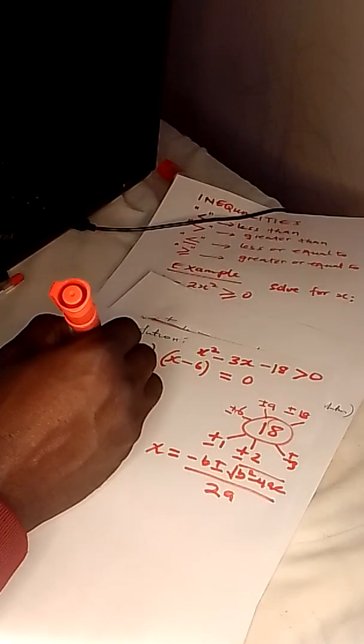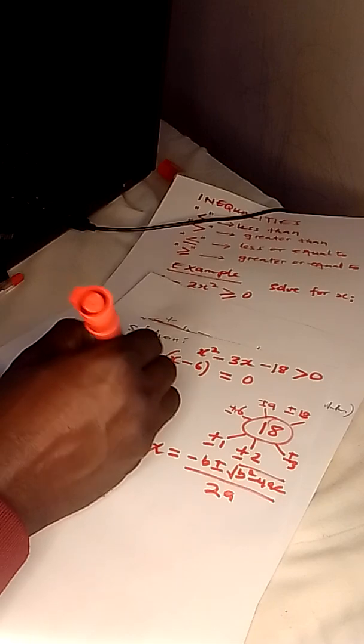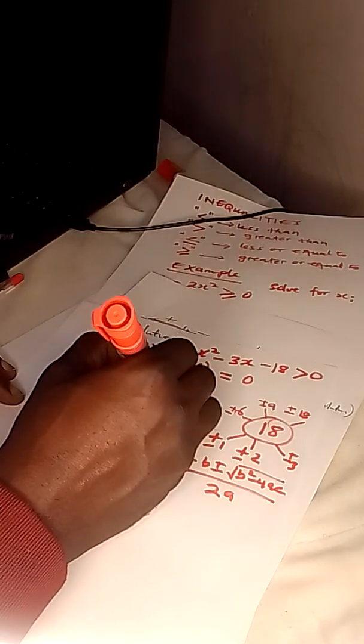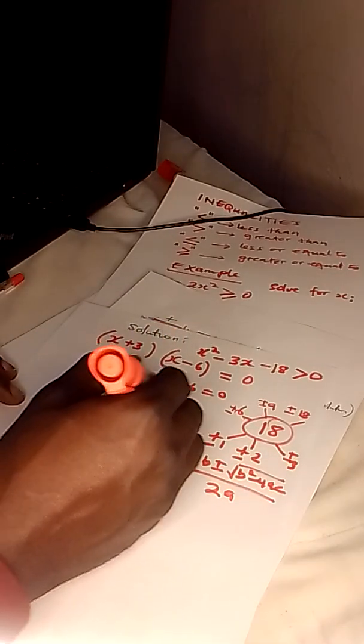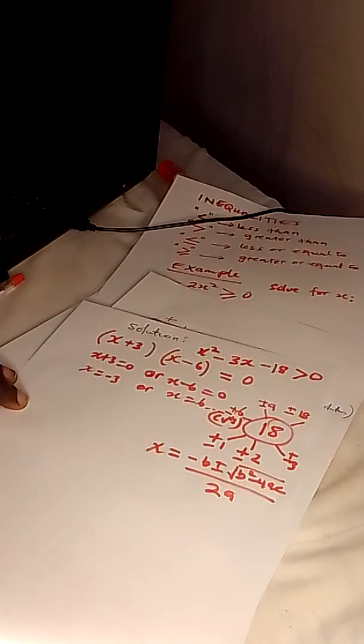So now here, my critical value will be x plus 3 equals to 0, or x minus 6 is equals to 0. So when I solve for x here, my x will be minus 3, or x will be equals to 6. This is what we call the CVs. So you write your CVs here, critical values, CVs. Okay, it's very important for mark. Otherwise, if you leave your answer here, you are wrong.